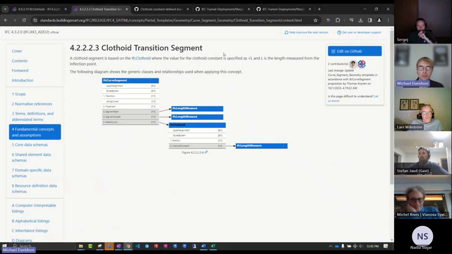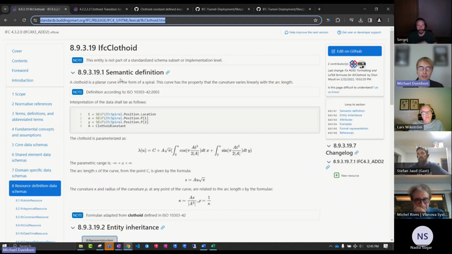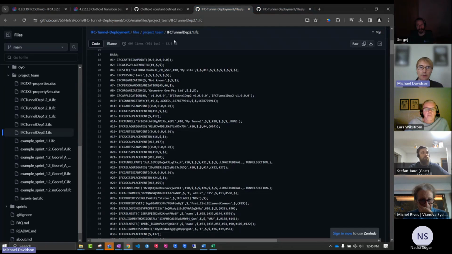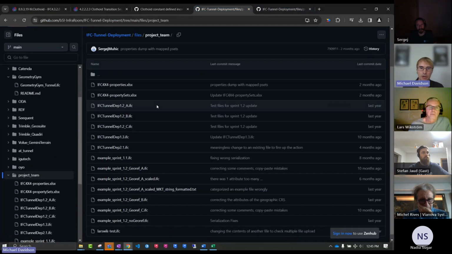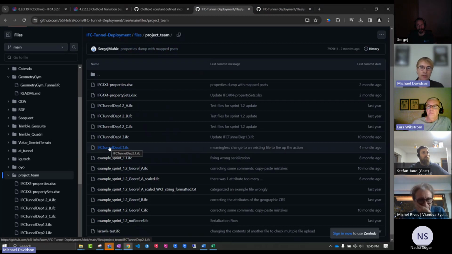In the partial template article, there's this expression for the clothoid constant given as the square root of L, where I think it should be the square root of R times L, if I remember correctly from the presentation this morning. So I was just curious if, without me having more details, possibly that 2.1 model within your project team folder might have something to do with that?